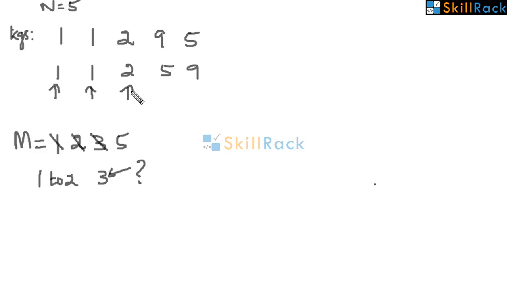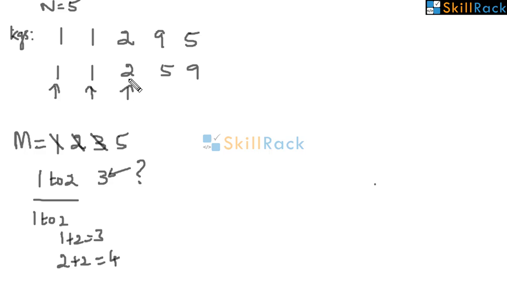But we have a weight of 2. Because we can measure 1 and 2 earlier, when this 2 is added, you can measure 3 also, you can measure 4 also. So that is the reason we are adding 2 to that. Because 3 and 4 can be measured, the next value we must check is 5. So this is the underlying concept. Please understand it carefully.